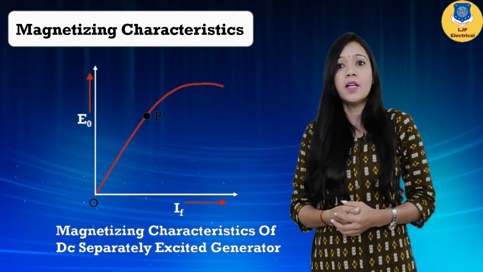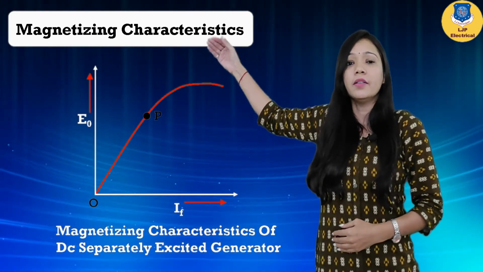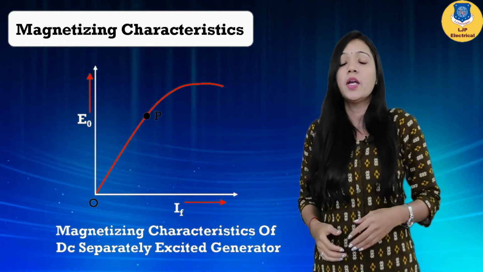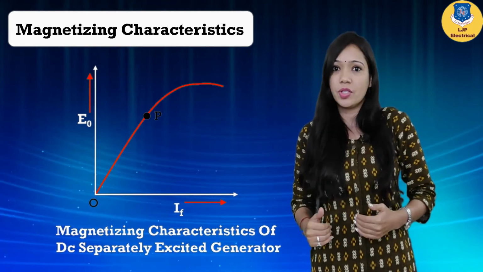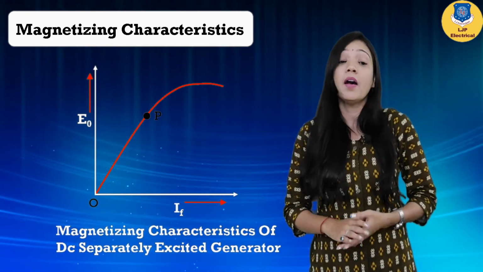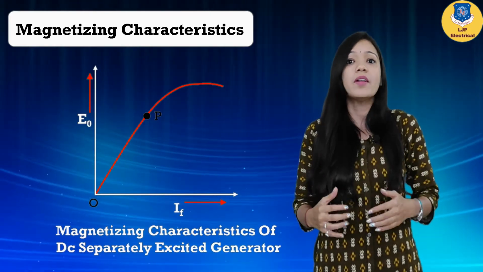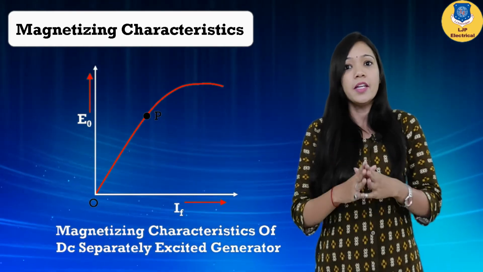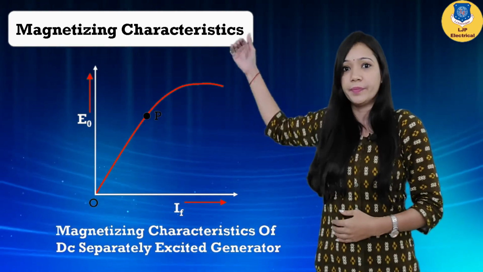The poles become saturated at higher values of field current, therefore EMF E0 and IF do not hold a linear relationship. It means that a higher value of field current is required to produce a given increase in voltage than in the lower part of the curve OP.